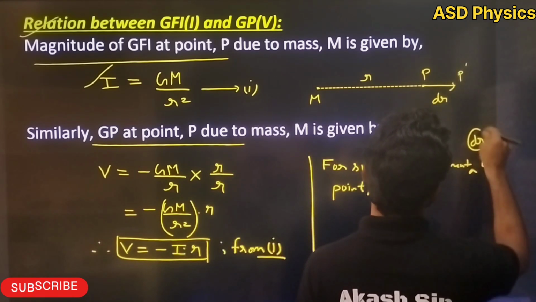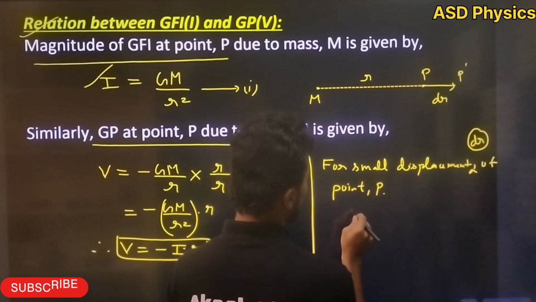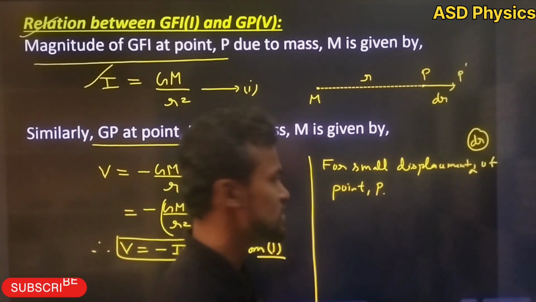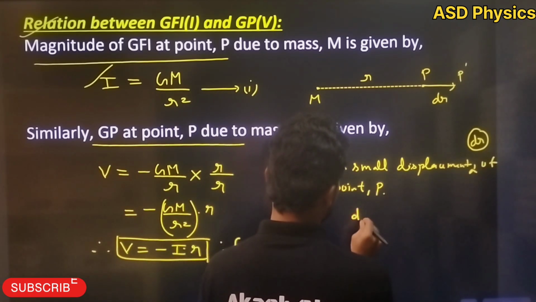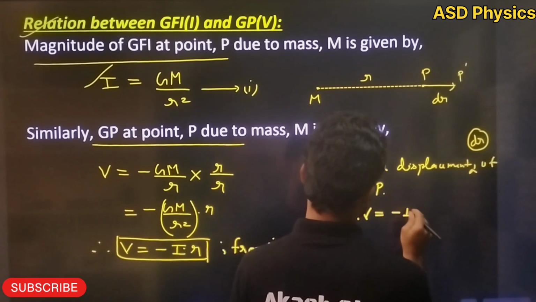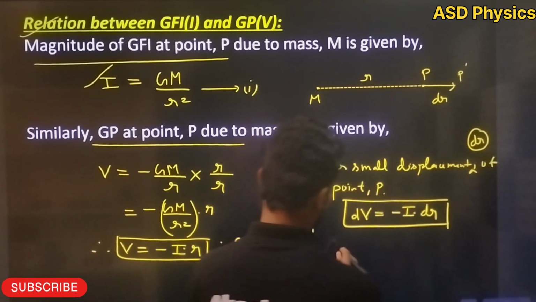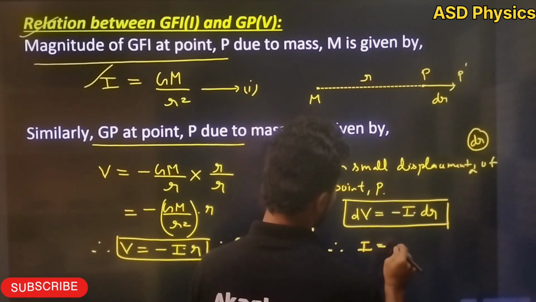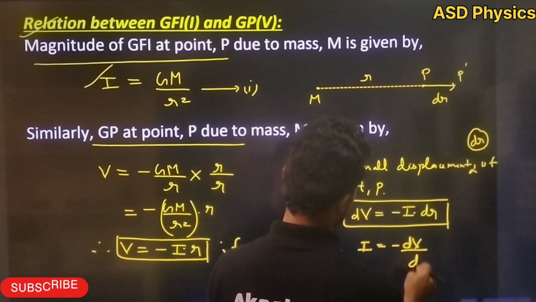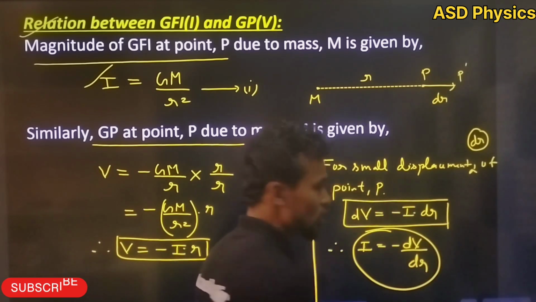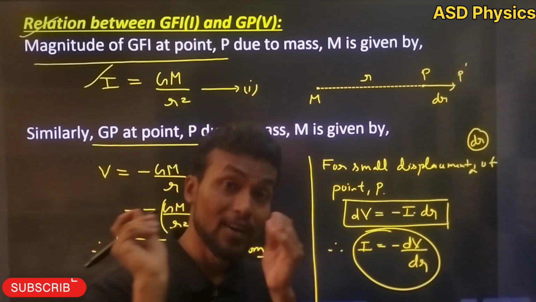This small displacement is dr. So here we can write, as the GP will change by a very small value, dV is equal to minus I into dr. This is the normal formula. So from here I can write I equals minus dV by dr. This is the normal formula, but how to use it in questions? For that students, I will write a few formulas here.